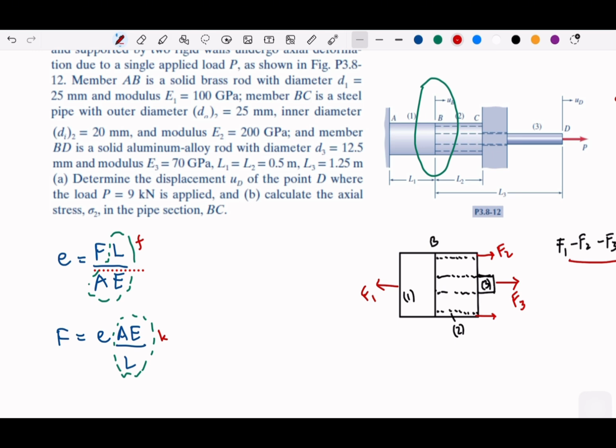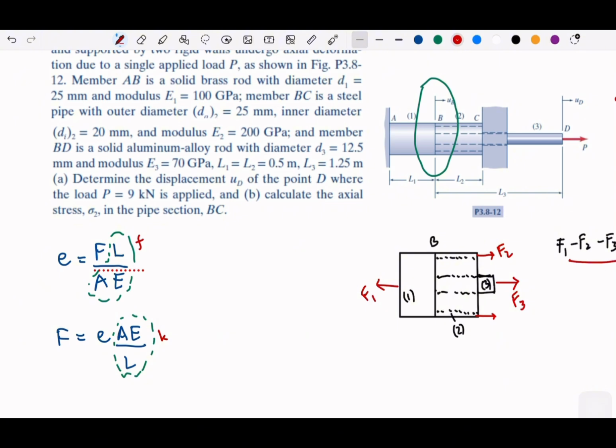So in our case here, since we have the forces mentioned in the diagram, we can compute the K, because we have all the numbers. We have the E, we have the area, we have the length.